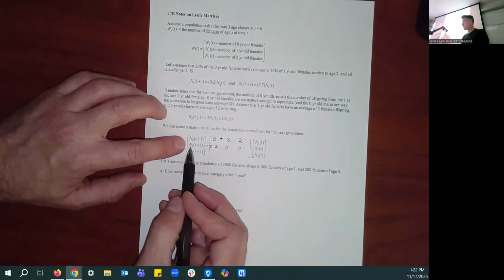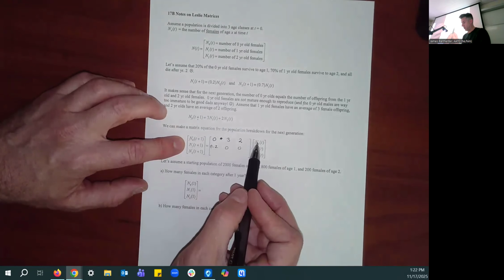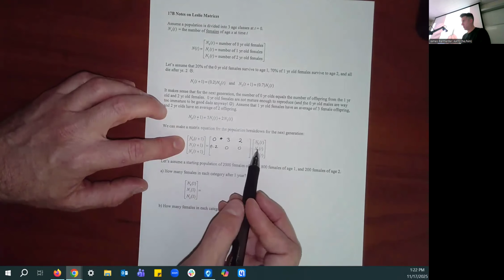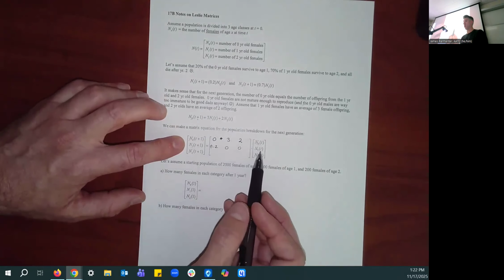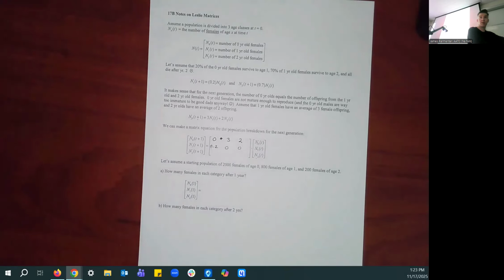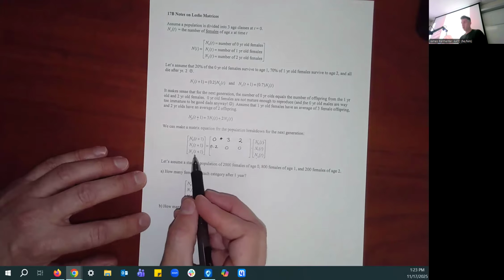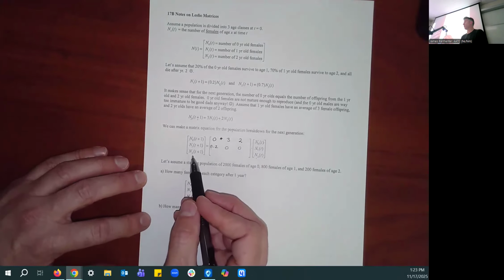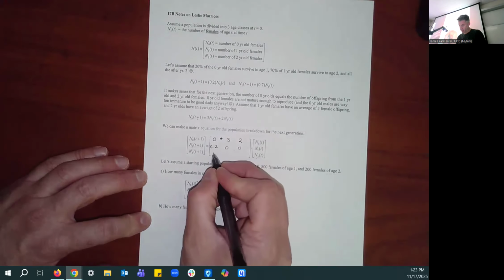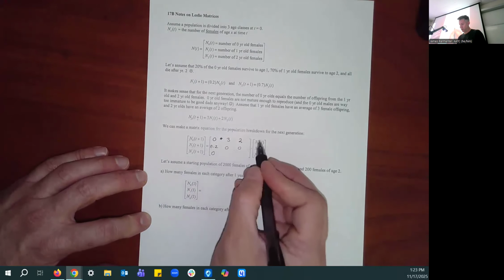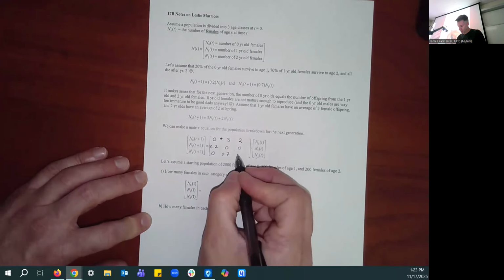So the number of 1-year-olds next year equals 0.2 times this year's 0-year-olds, plus 0 times this year's 1-year-olds plus 0 times this year's 2-year-olds, because none of those age categories become 1-year-olds next year. Finally, the number of 2-year-olds next year will be whatever fraction of 1-year-olds survived this year, which is 70%. So it's 0 times this year's 0-year-olds plus 70% times this year's 1-year-olds plus 0 times this year's 2-year-olds.